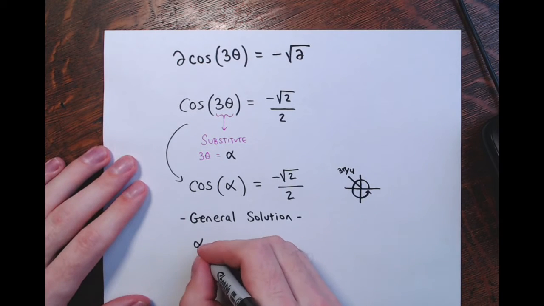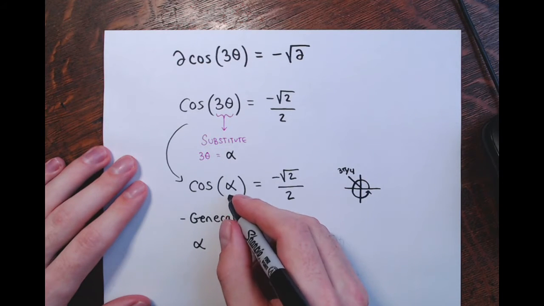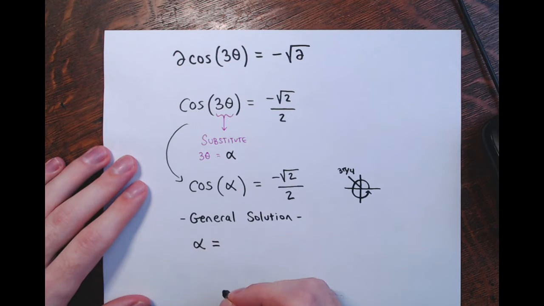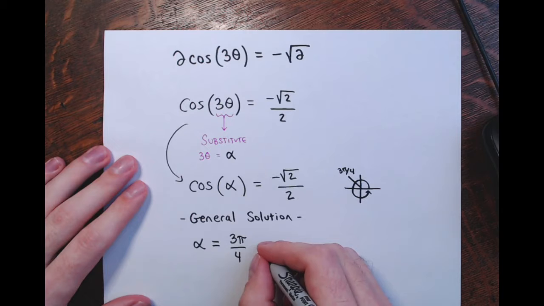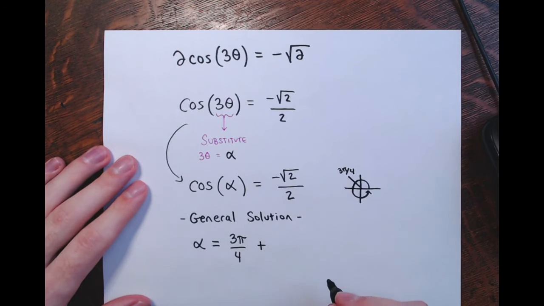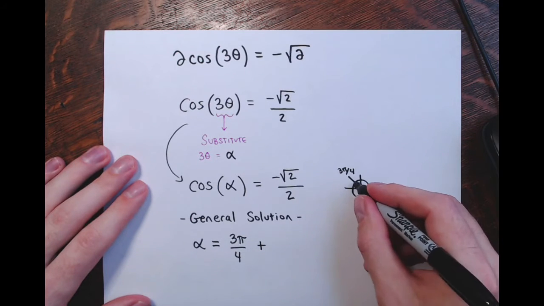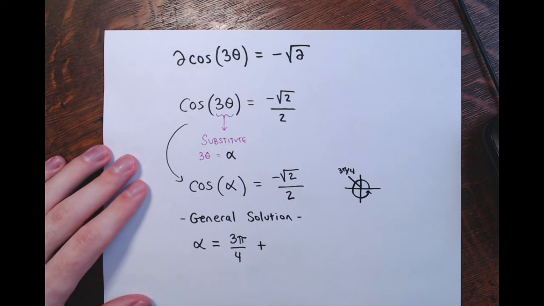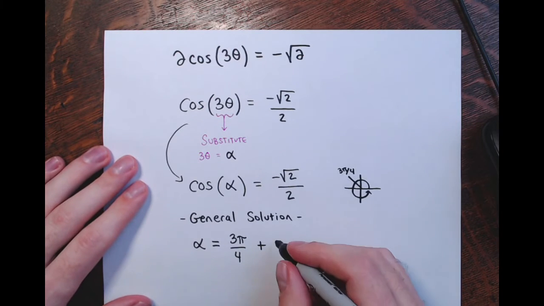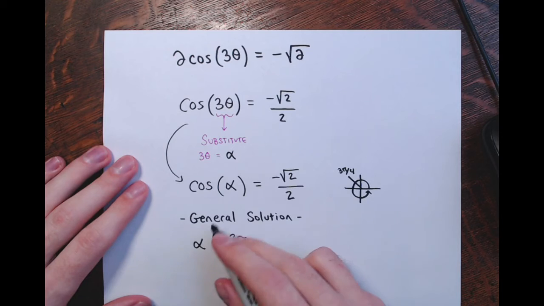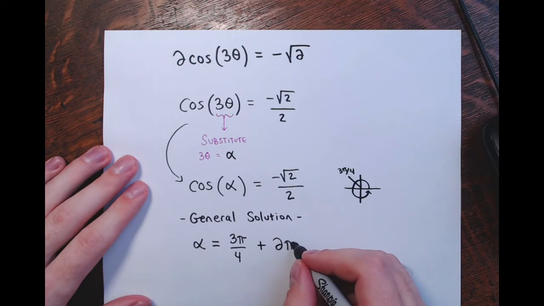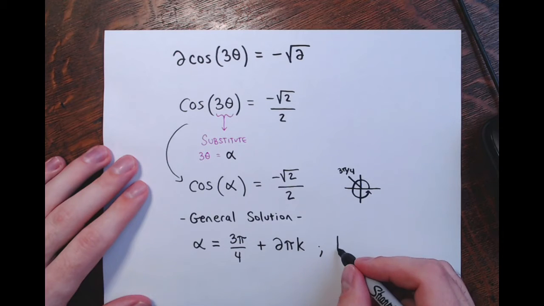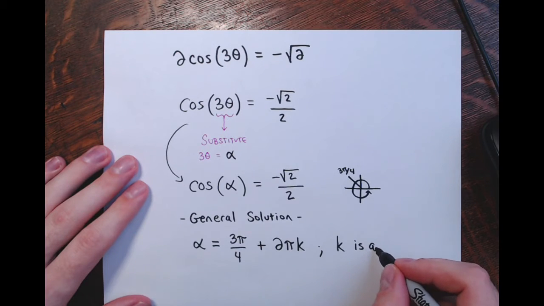So alpha, this substitution variable, could be replaced with 3 pi over 4, but also plus any multiple of 2 pi. Remember, if I add 2 pi, subtract 2 pi, I'm back to the same spot, so I have the same cosine. So alpha could be replaced by 3 pi over 4 plus 2 pi times k, where k is an integer.